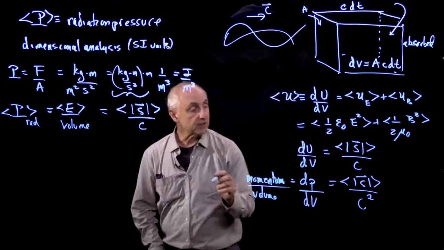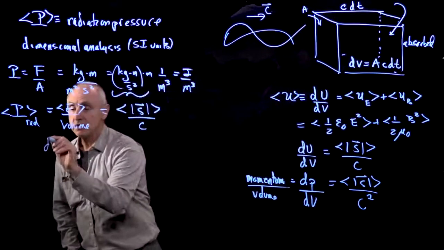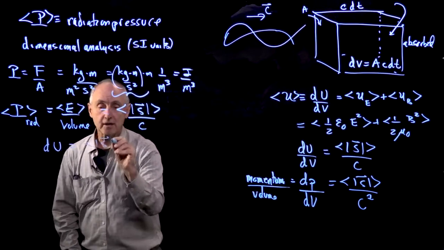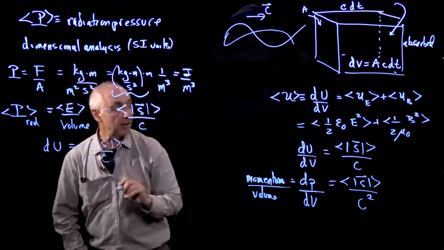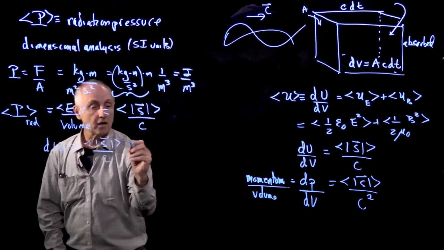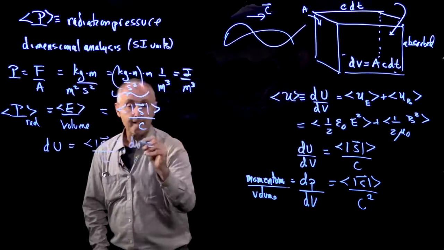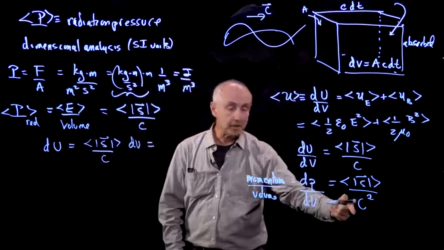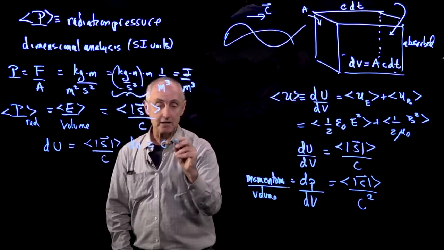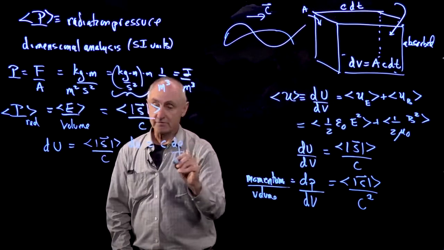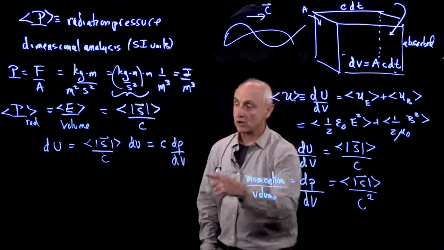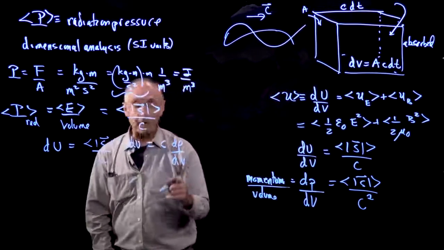Well, we can see that the energy, du, that's stored in this volume is equal to S over c times the volume, and S over c is equal to c times the momentum divided by the volume. Because S over c, if you multiply by c's, you get c times the momentum per volume.